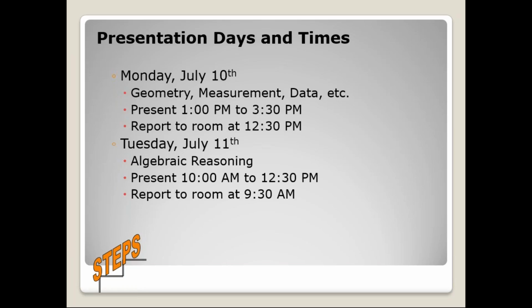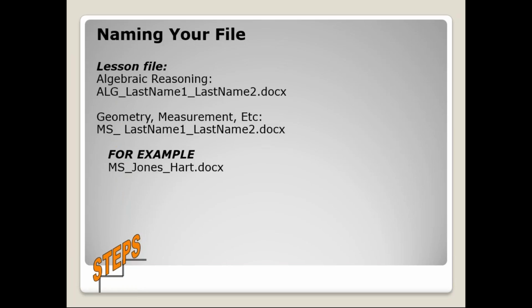All right. Last bit of information. When you name your files, I will tell you what I would request and then what I really need. If you're doing one of the algebraic reasoning activities, just put ALG in the front and then put your two last names.